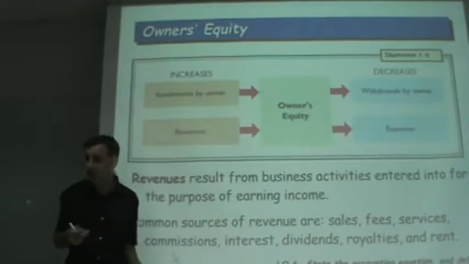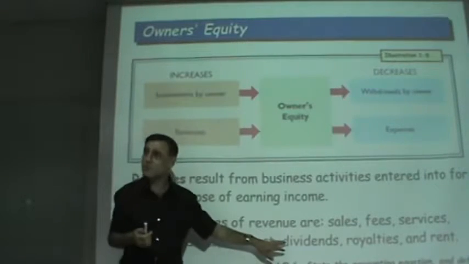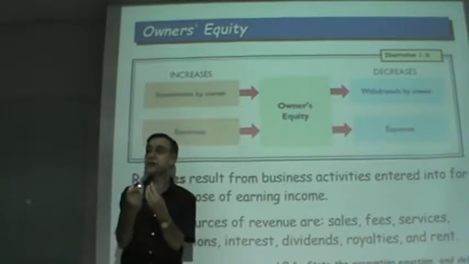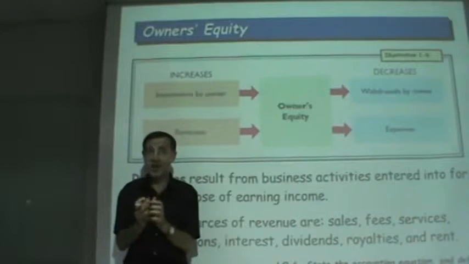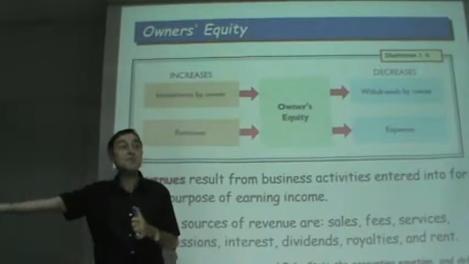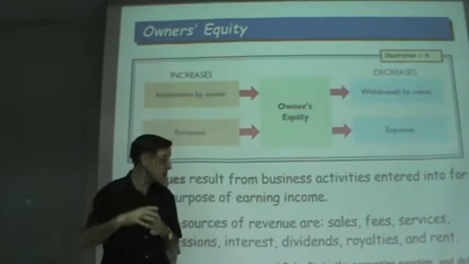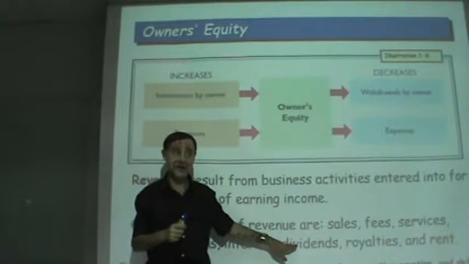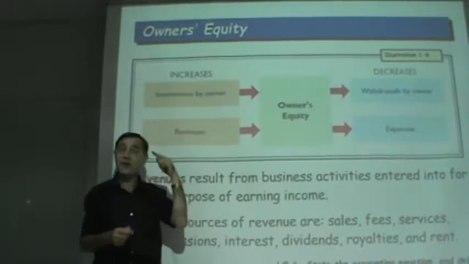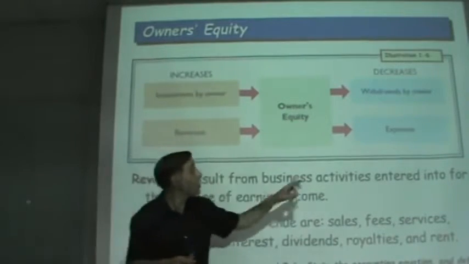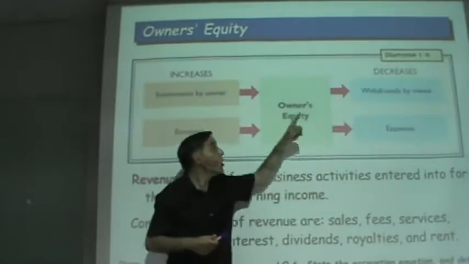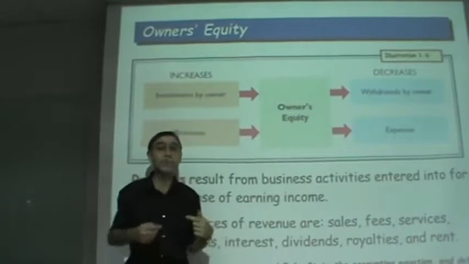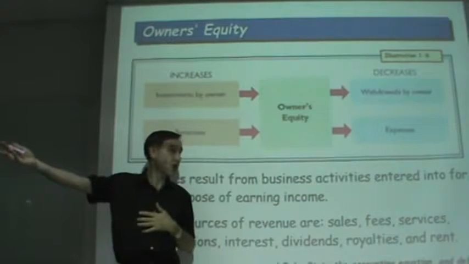Dividends is a little tricky. If you invest in a company, in its shares, and that company pays you a dividend, then it's a dividend revenue. This is very different from the dividend we talk about here when the company pays out to its own owners.